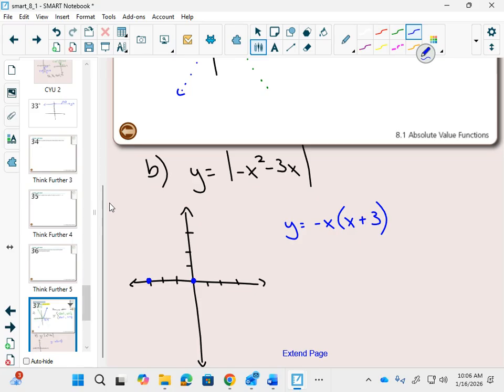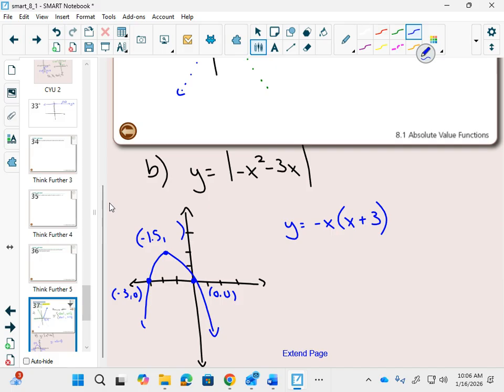Which way does this open? Opens down. So the vertex is going to be right here somewhere at -1.5. I don't know exactly, I'm going to estimate it. I know that I have 0, 0. I know that I have -3, 0. And if I wanted to, I could plug in -1.5 and solve for y.